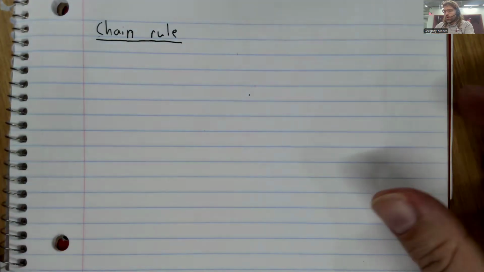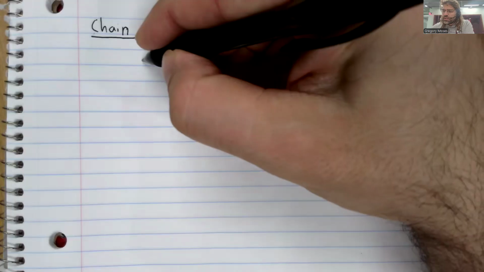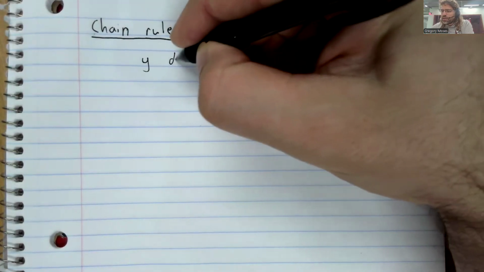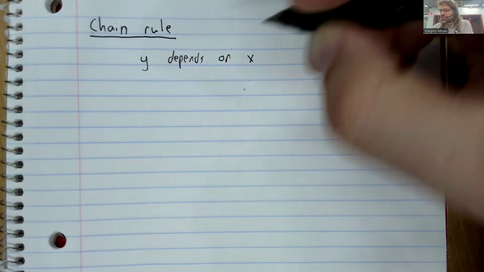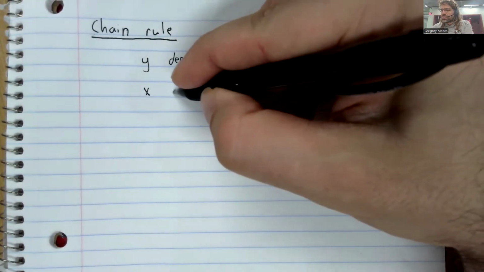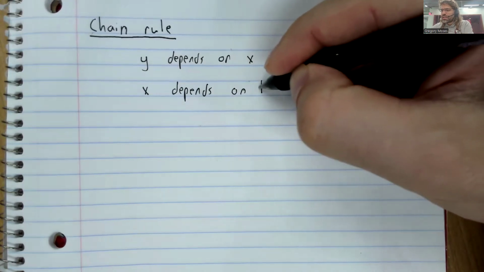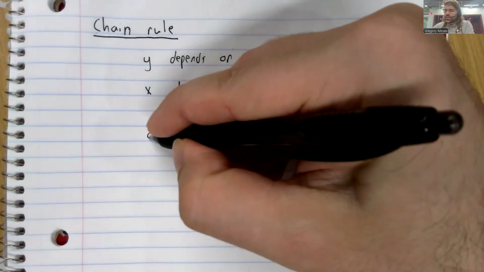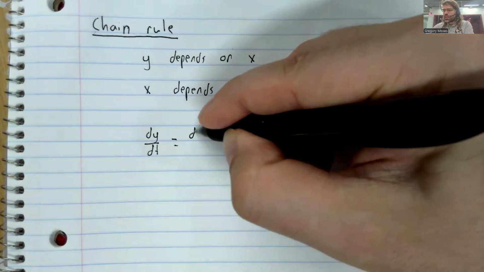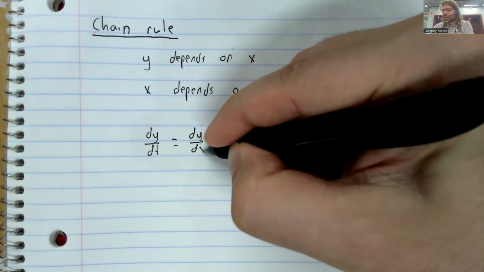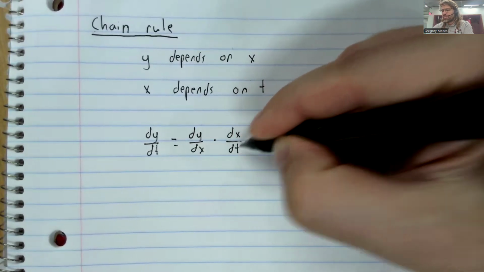The chain rule, when you are using Leibniz notation, says that if y depends on x and x depends on t, then dy/dt is the product of dy/dx times dx/dt.